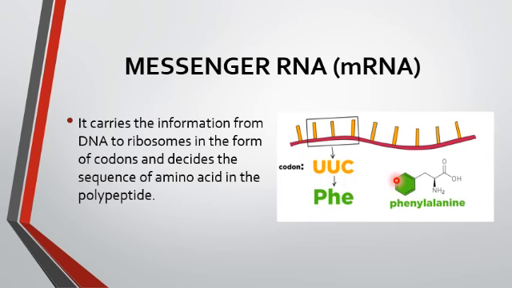So they carry the information from DNA to the ribosomes in the form of codons. Three nitrogen bases together form one codon and decide the sequence of amino acids in the polypeptide chain. So the basic function of mRNA is to help in the synthesis of protein while carrying the information from the DNA.